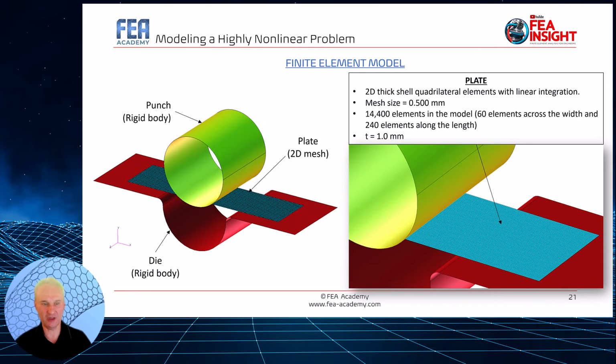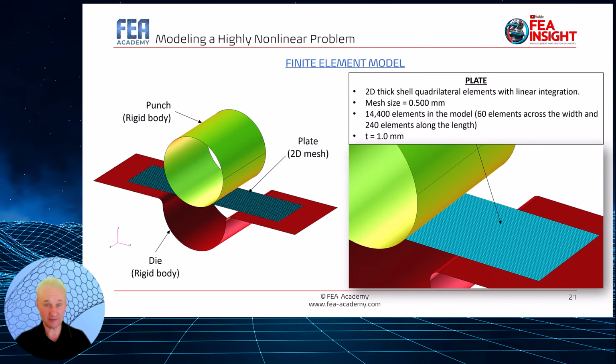So it means with those dimensions, I obtain more than 14,000 elements in the model with 60 elements across the width and 240 elements along the length. Here I am talking about the mesh of the blue plate in the model. So you see it's very refined, but I need that to capture the metal forming problem.